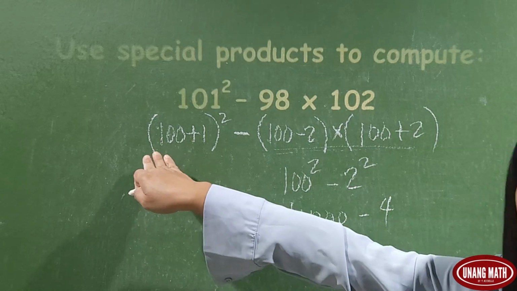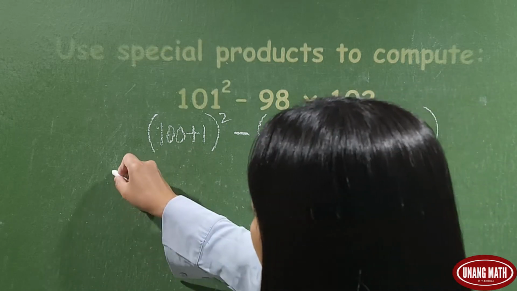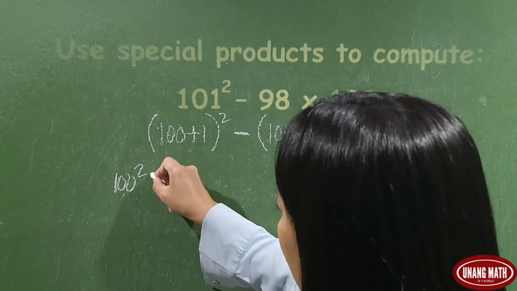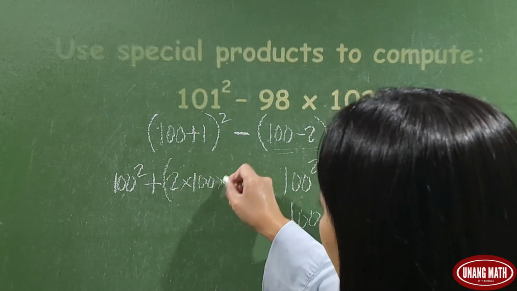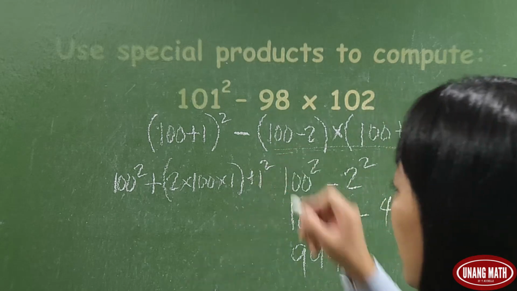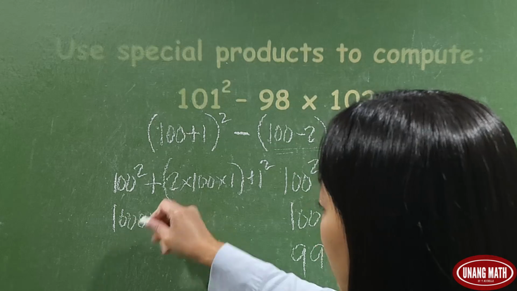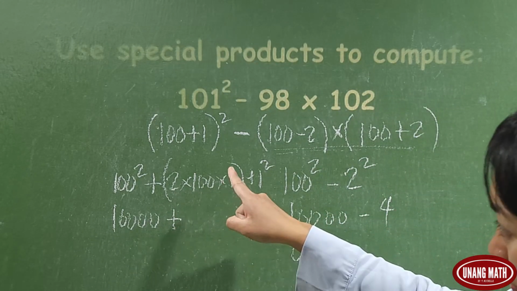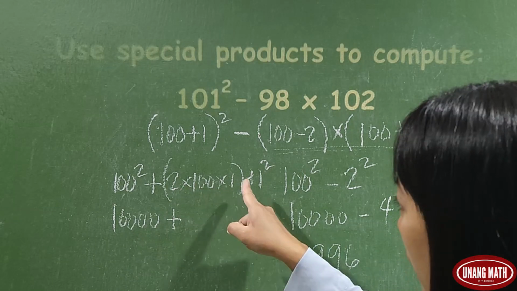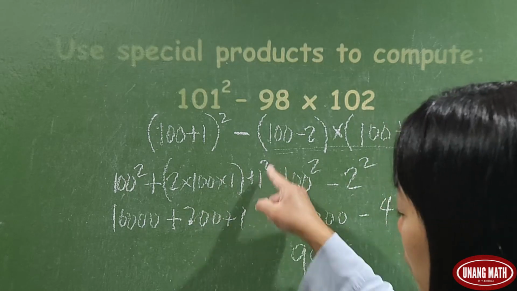Okay, so we now have the answer to this part, 9,996. What about for 100 plus 1 raised to the power of 2? So square of binomials. So it means 100 squared plus the product of 2 times 100 times 1 plus 1 squared. So if we simplify, then this is 10,000 plus 2 times 100 times 1, so 200, plus 1 squared, so 1.